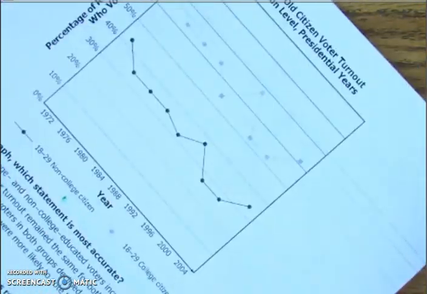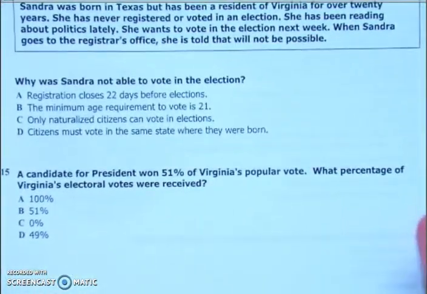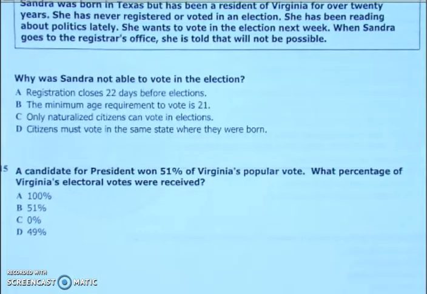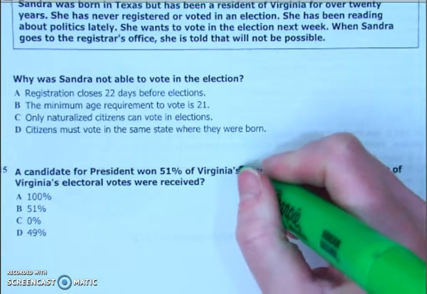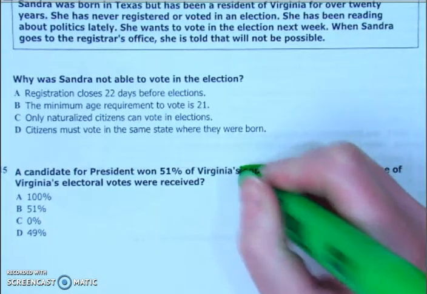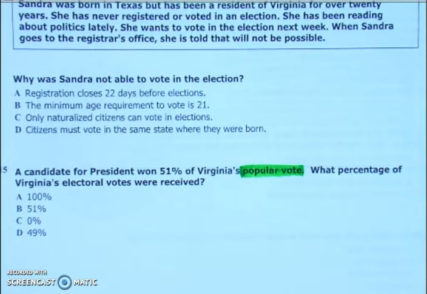The next question that a lot of you missed was number 15. It says, a candidate for president won 51% of Virginia's popular vote. What percentage of Virginia's electoral votes were received? When everybody went to vote on election day, 51% of people voted for this candidate.